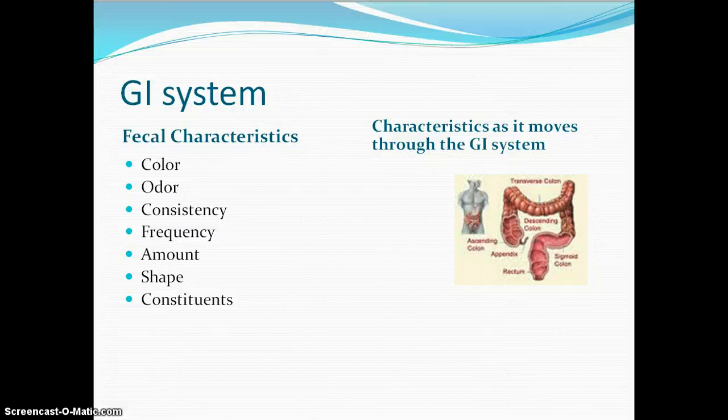In the book, it talks about the shape and how we scale it from 1 to 7, so that when we are documenting, it's much easier to document it on a scale that is very consistently used throughout the healthcare system. Diseases such as Crohn's, ulcerative colitis, irritable bowel can cause things such as diarrhea and constipation for our patient.